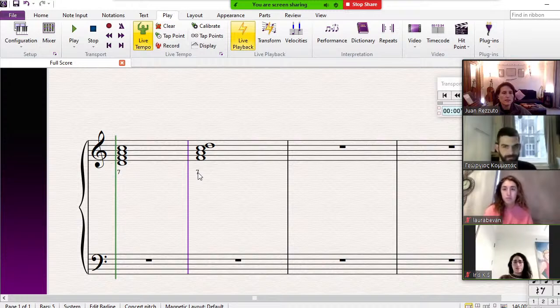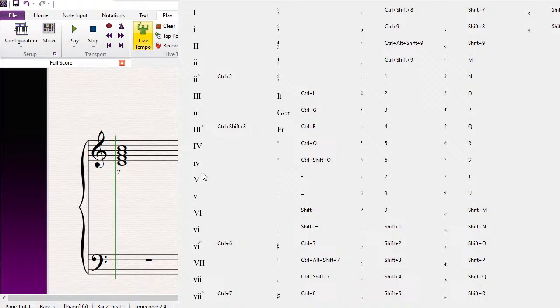Anyone knows the specific figure bass for the first inversion? Gilles? Yes. 6-5. Now, the 6 and the hidden 5, and 3.